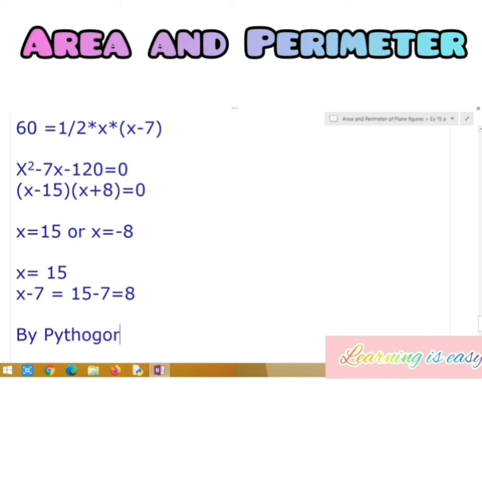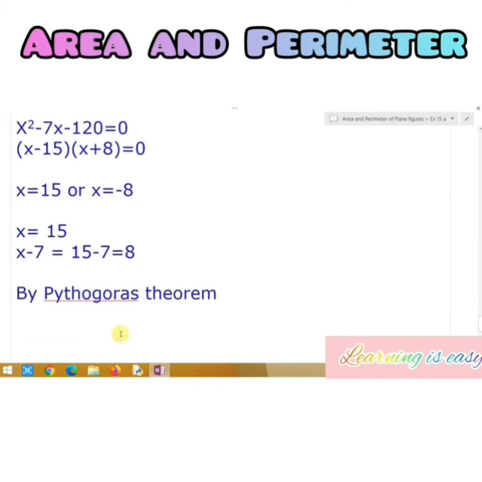So by Pythagoras theorem again, hypotenuse square equal to base square plus perpendicular square. So hypotenuse equal to square root of 15 square plus 8 square.